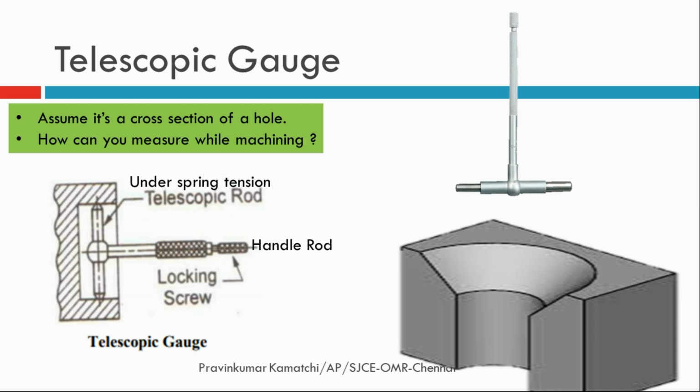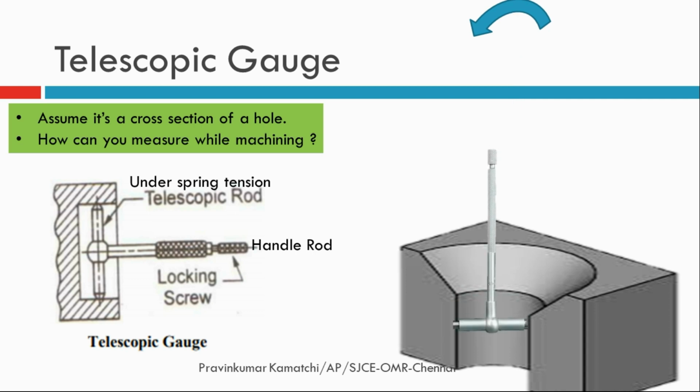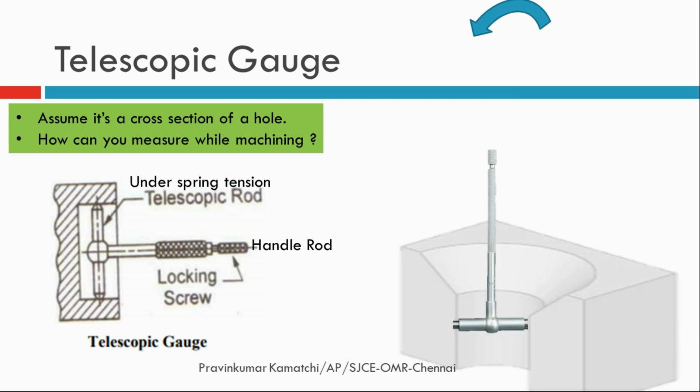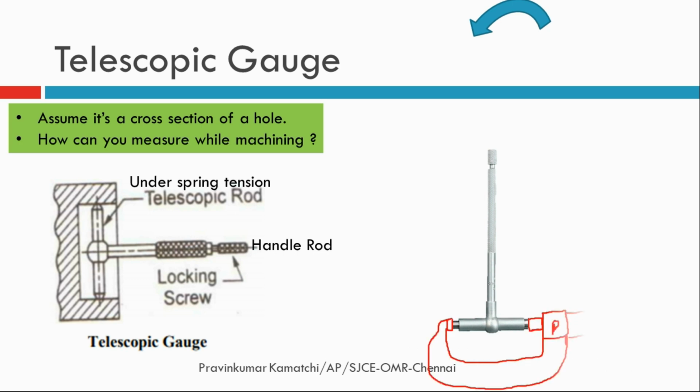If we want to measure the diameter of a hole, the plungers are first compressed and then locked. Next, the plunger end is inserted into the hole and allowed to expand to the opposite edges. Finally, they are locked in place, then taken out from the hole, and it can be measured with the help of a micrometer or some other linear measuring device.